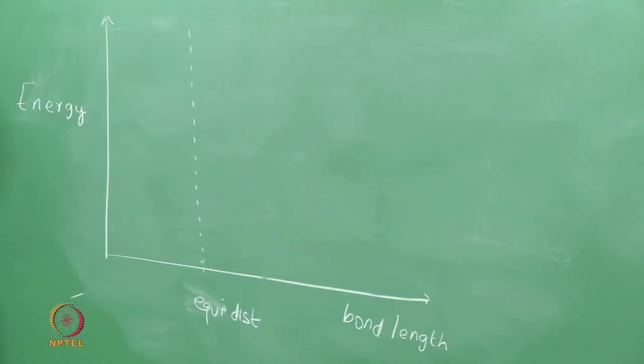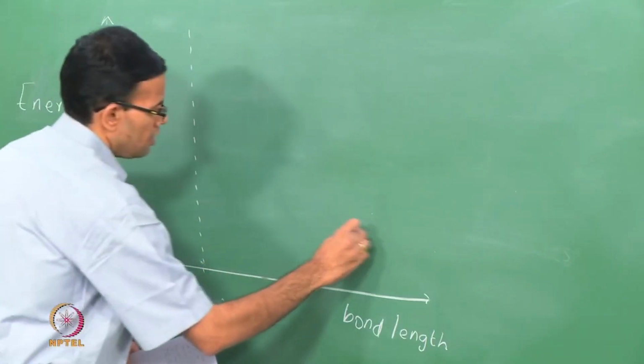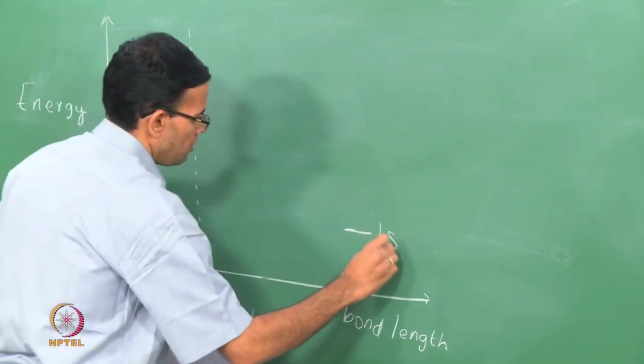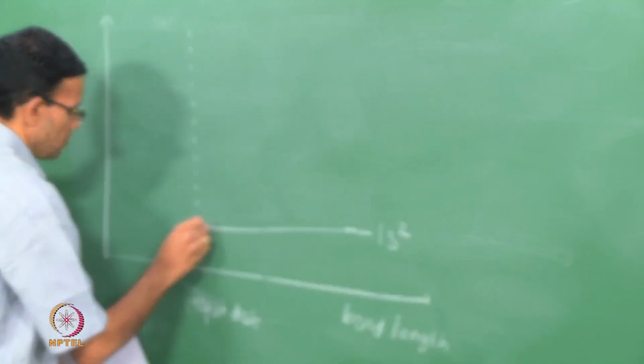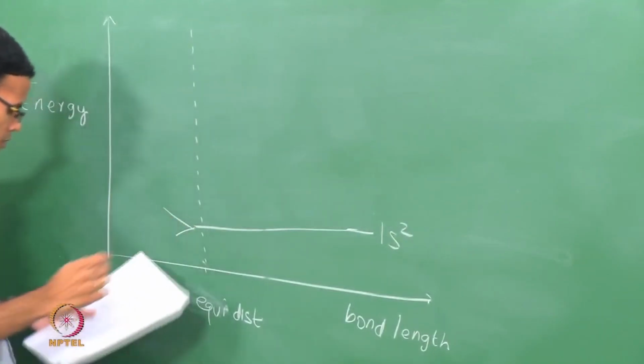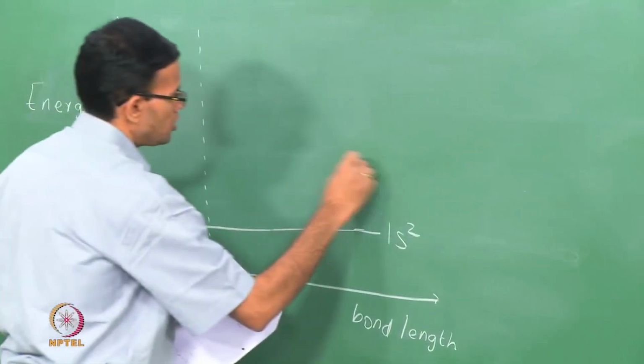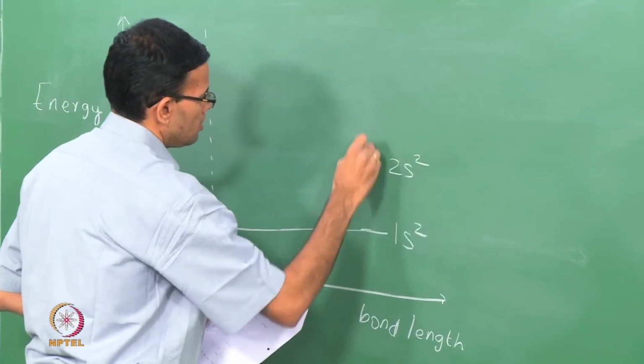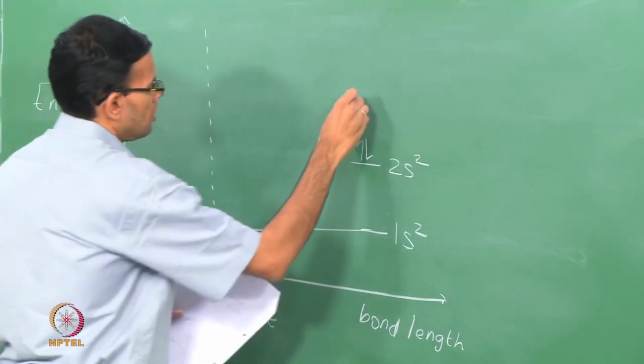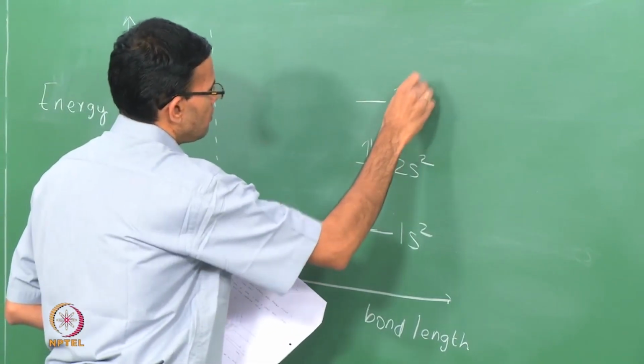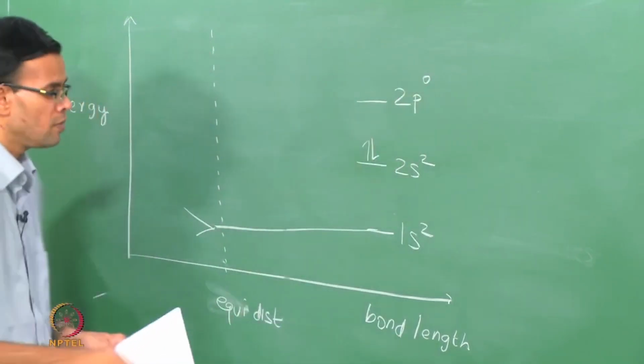The 1s shell is an inner shell that will not take part in bonding. You have a 2s2 shell that is full, and you have a 2p0 that is empty.